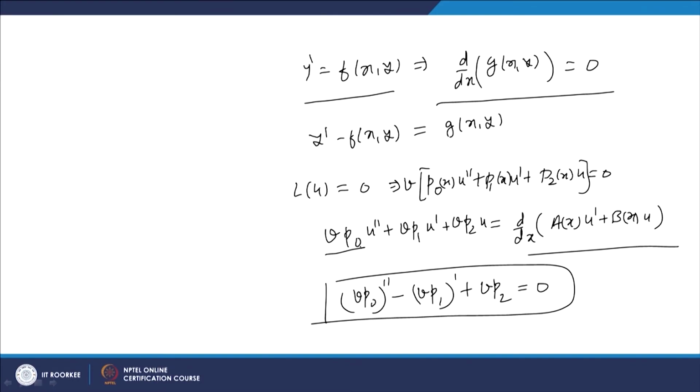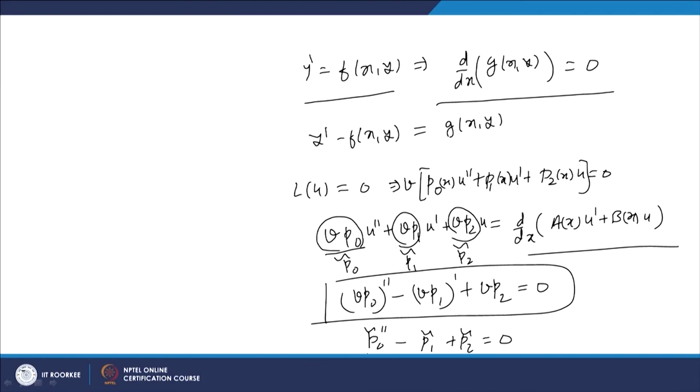In fact we have just taken the coefficient of u double dash. I should not write p naught dash, let us use some other notation. We call it p naught tilde, and this as p1 tilde and this as p2 tilde. So we already know that this is exact provided that p naught tilde double derivative minus p1 tilde dash plus p2 tilde equal to 0.